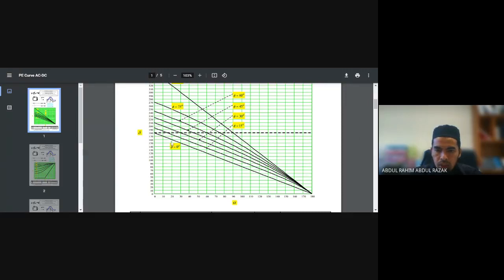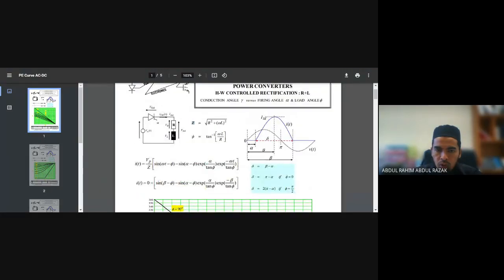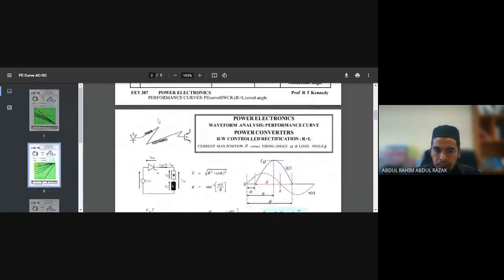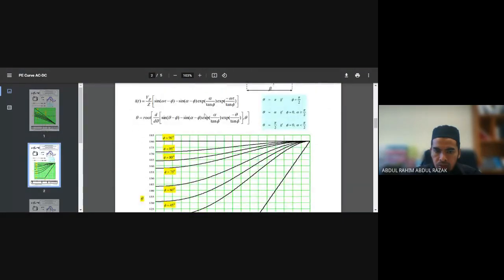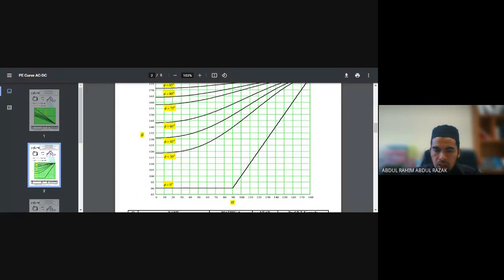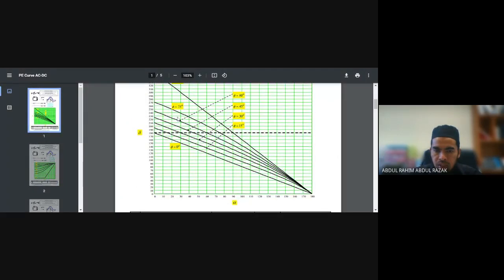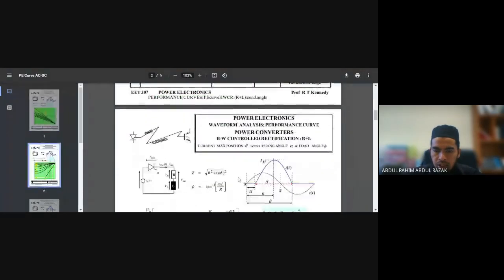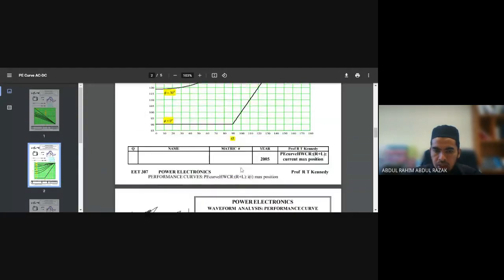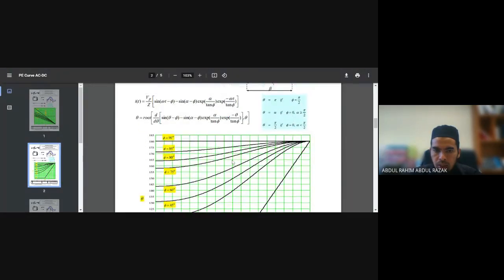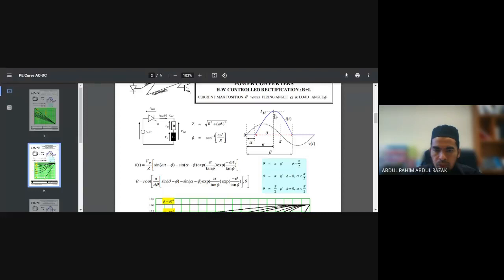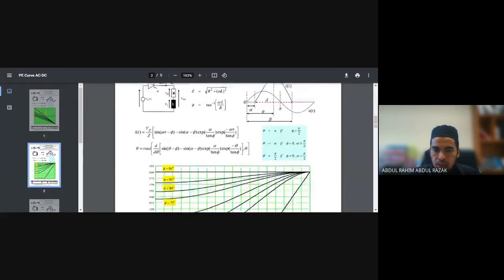Okay. So this is the PE curve for the half-wave rectifier, to find out the excitation angle based on the triggering or firing angle. This is actually the magnitude of I_m maximum.